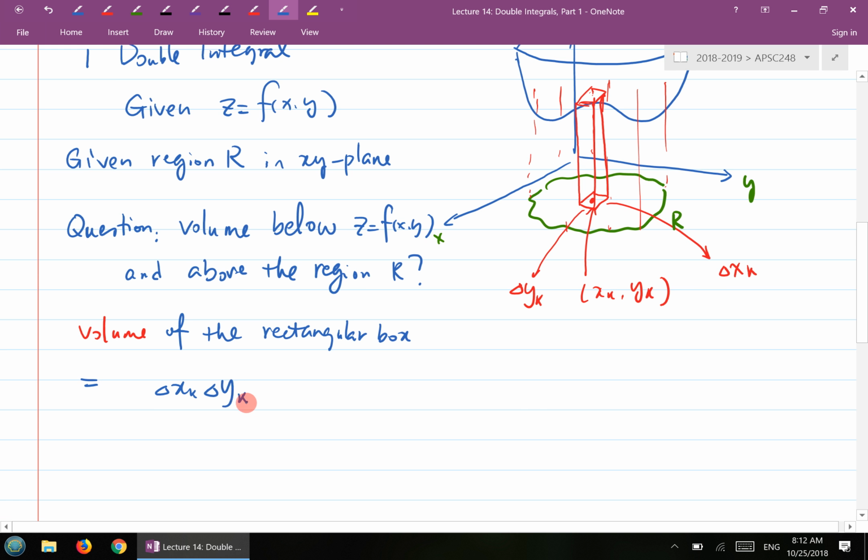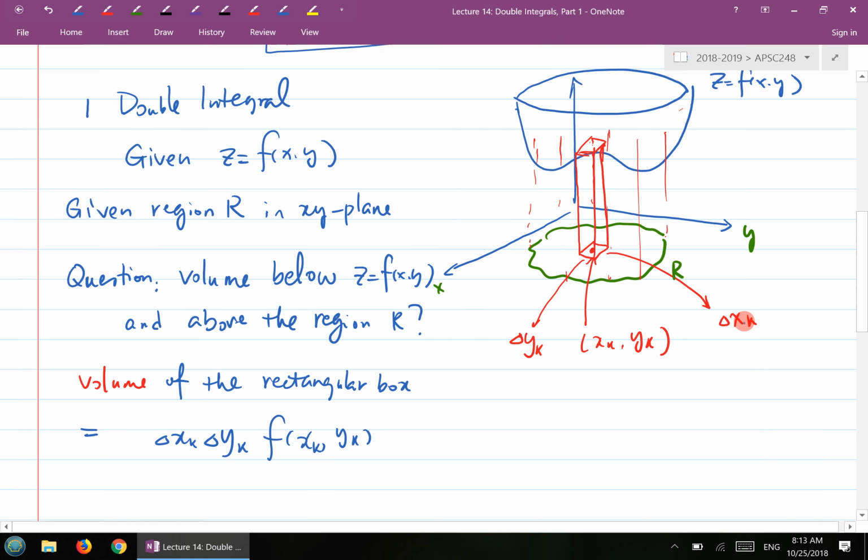For the height, we can consider it a constant because it's a very small area, and we can use the value of the function at x k, y k.